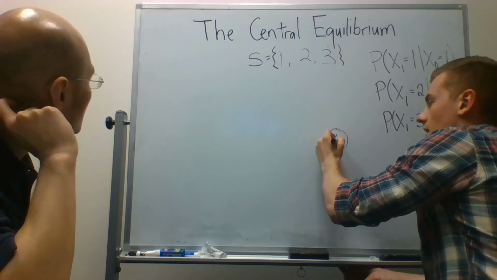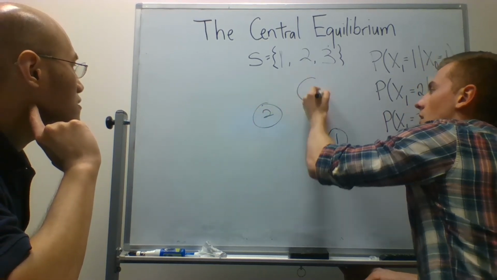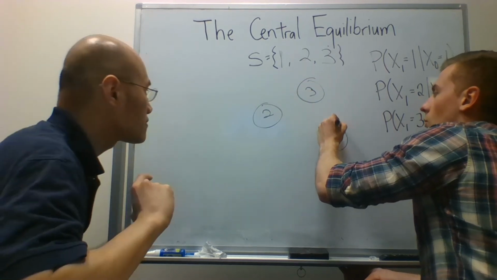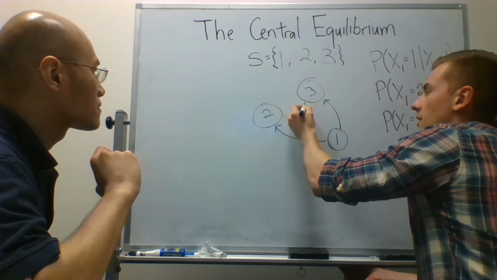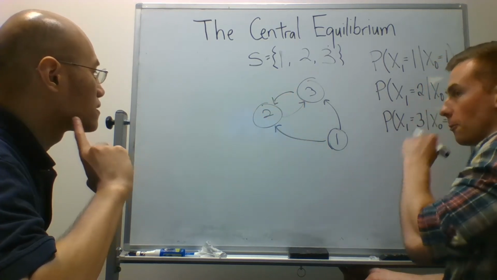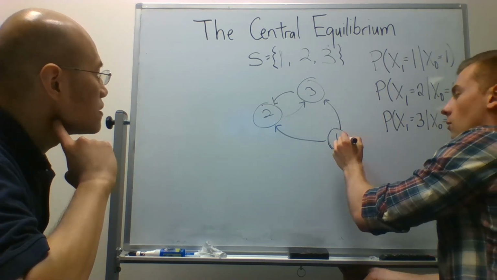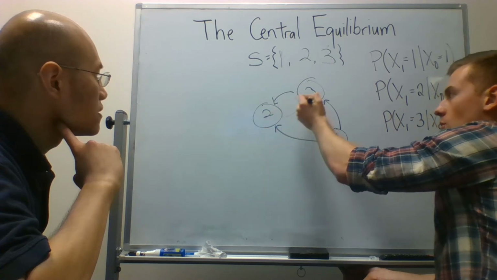So you could have state 1 over here, and then you could have 2 and 3. 1 only goes to 2 and 3, but there's no way to get back to 1. So let's say you start the chain at 1. Then at step 2, you're going to be at 2 or 3.